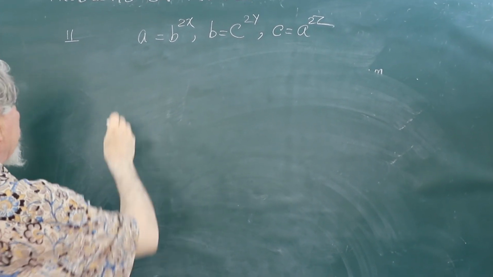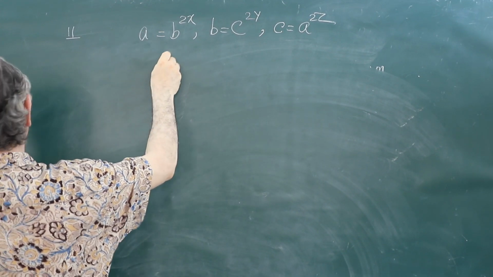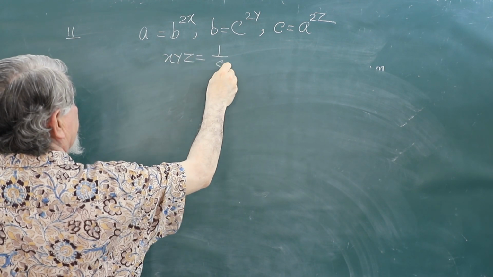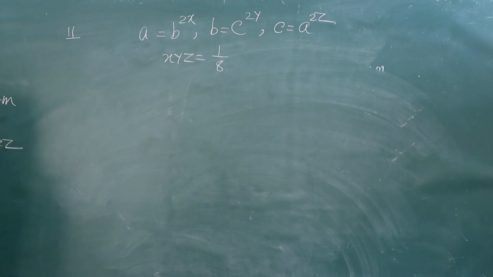He says prove that xyz is equal to 1 upon 8. We have to prove xyz is 1 upon 8. So what are we going to do?